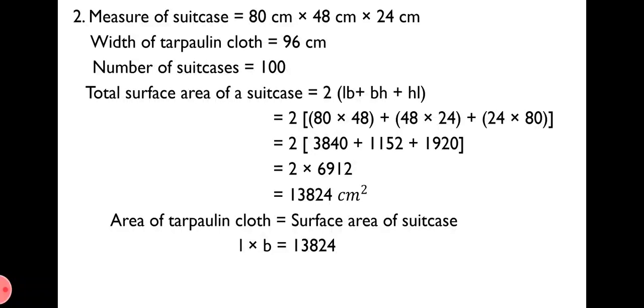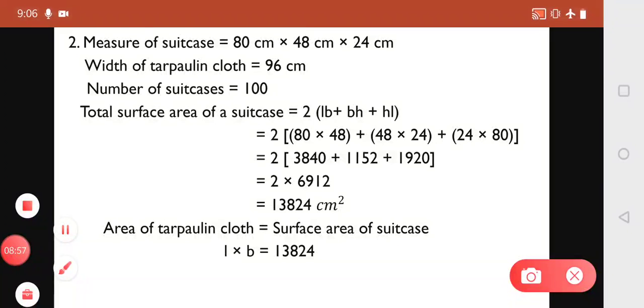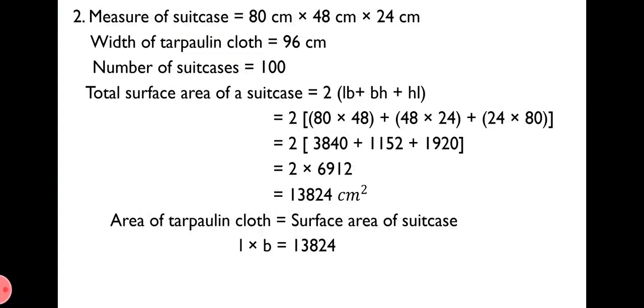Now breadth is already given in the question itself, that is 96 centimeter. So we insert the value of breadth, that is L into 96 equal to 13,824. Solving further, we will get L equal to 13,824 divided by 96.